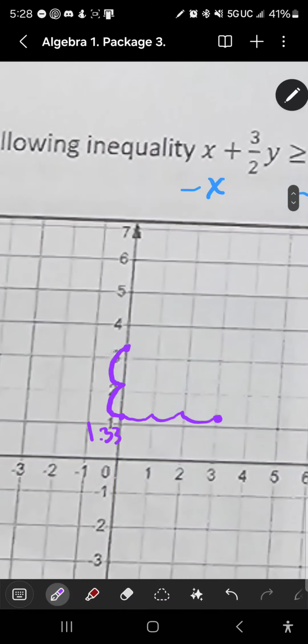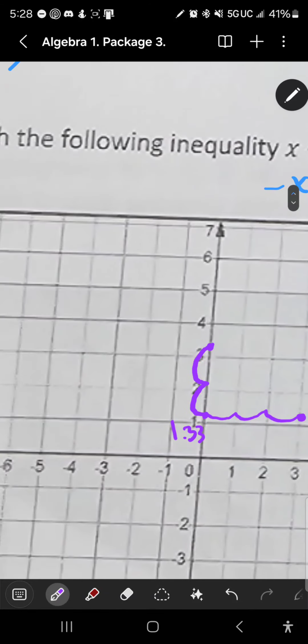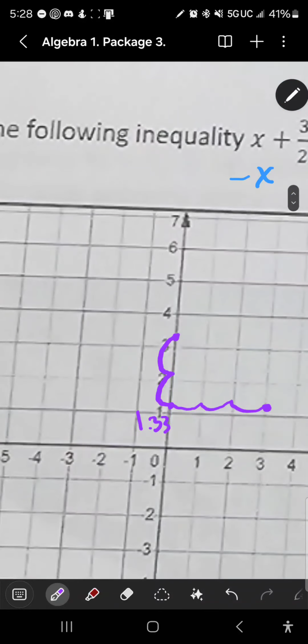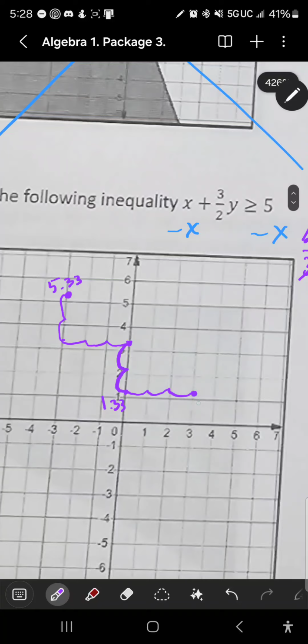And now the same, negative 2/3, rise over run, 2 down, 3 to the right. So I'm going to do 3 right here, 1, 2, 3, and then 1, 2. Right here, this will be 5.33. So we have our points.